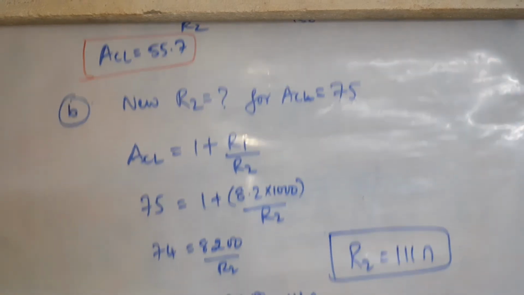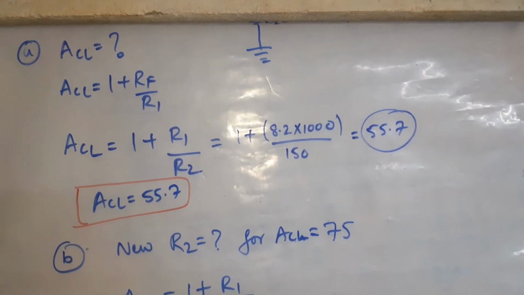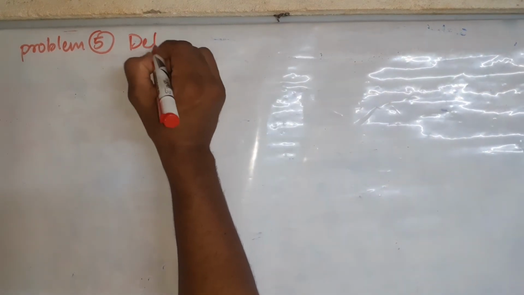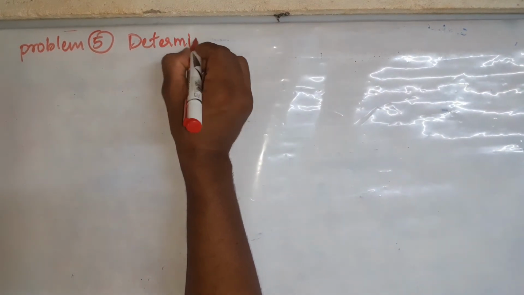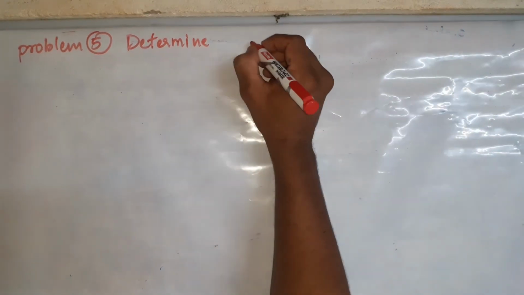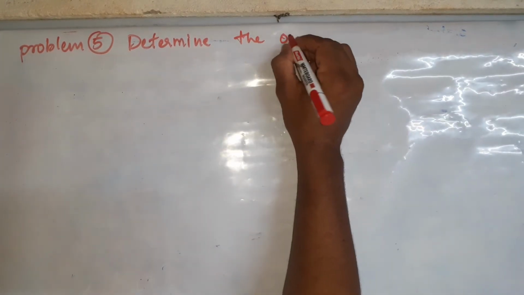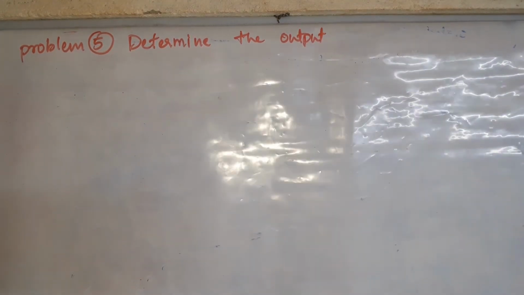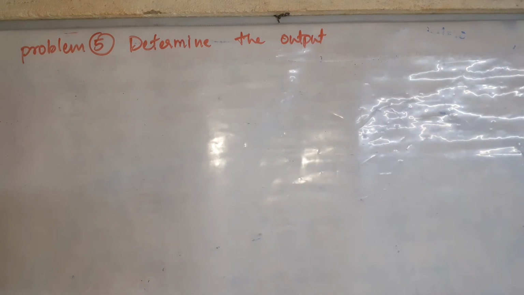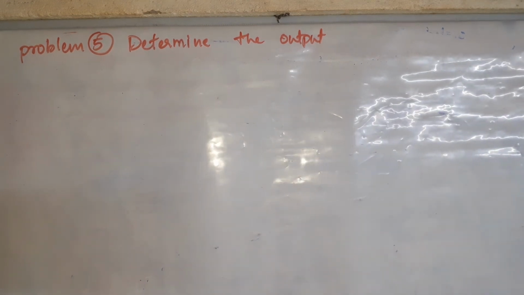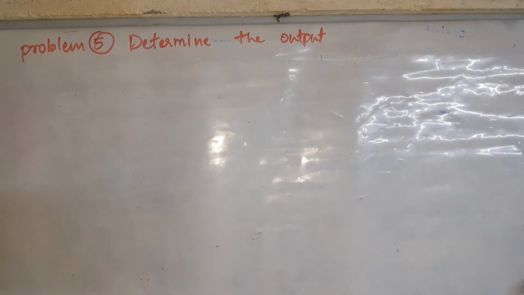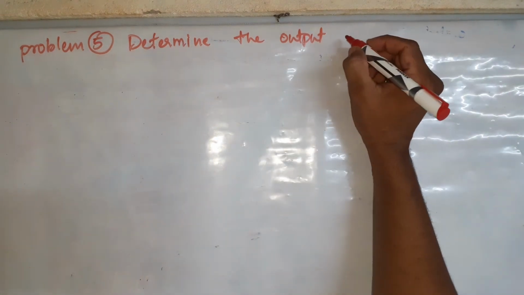Okay. Let us solve another problem. Problem 5. Determine the output. See, this question I have taken from model question paper of 18 scheme. I have downloaded 3 model question papers of your 18 scheme. I'll share it in your group soon after this class.